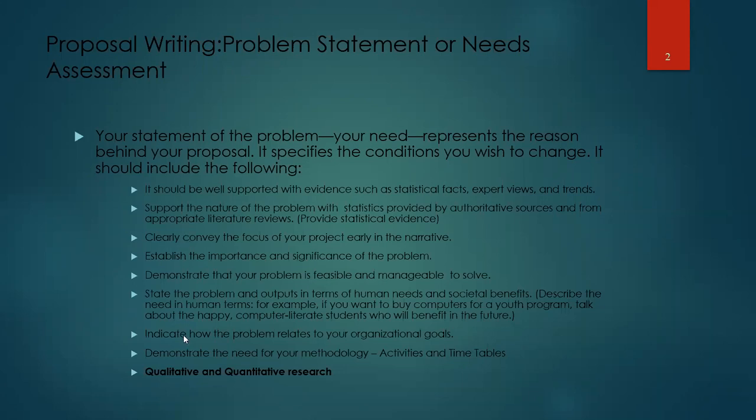And then you need to state the problem and outcome in terms of human needs and societal benefit. For example, describe the need in human terms. If you want to buy computers for a youth program, talk about how happy and computer literate students will be, who will benefit in the future.